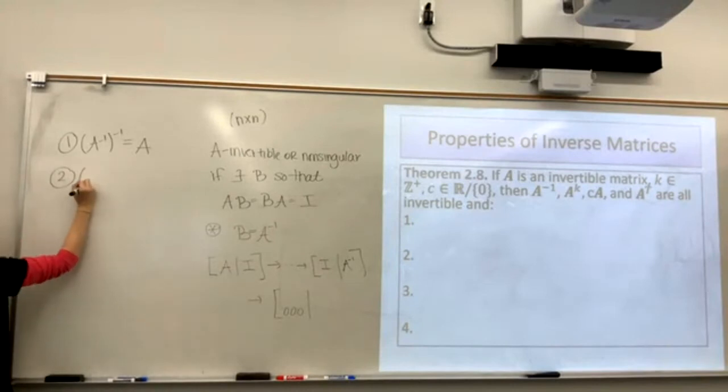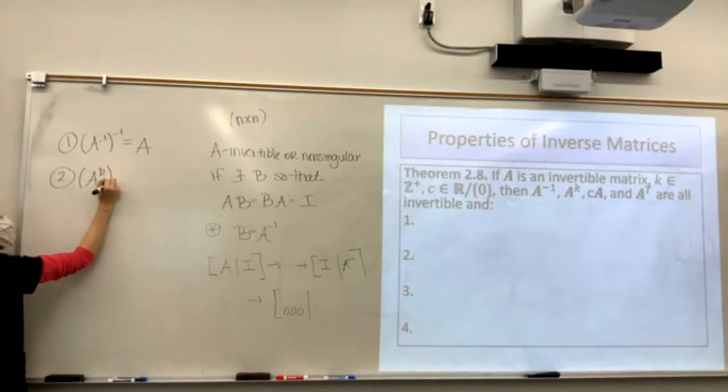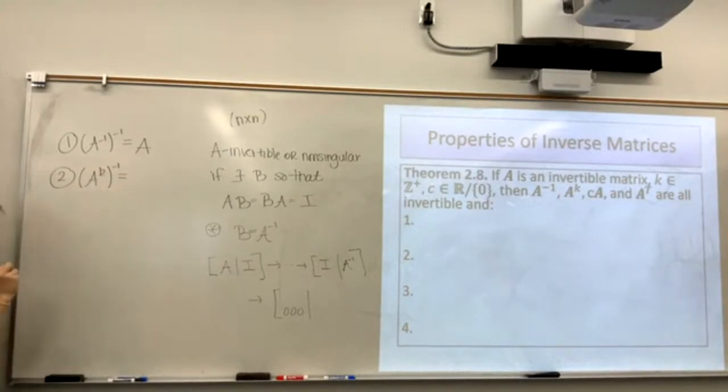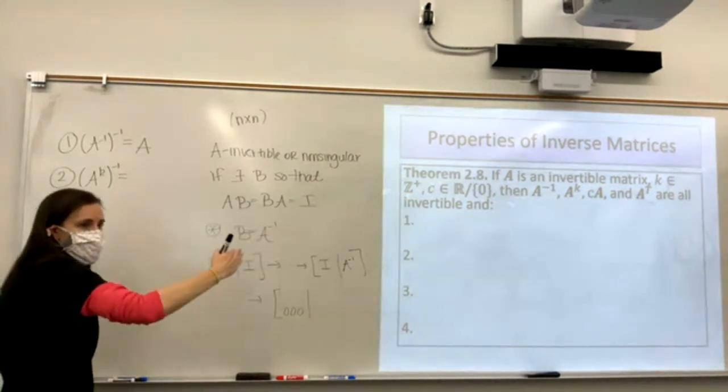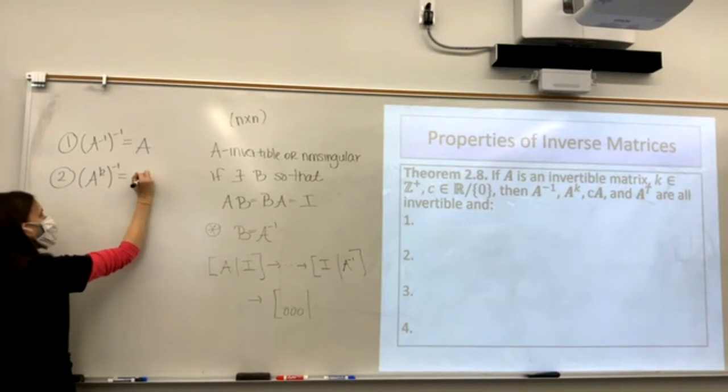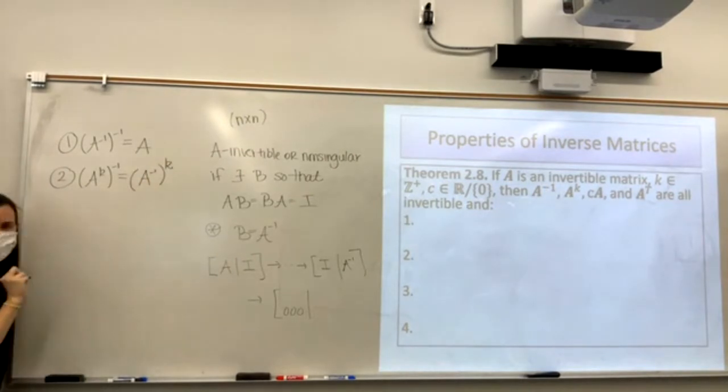Secondly, if I want the inverse of A to the K, so I've got A multiplied by itself K times, I want to undo all of that. What I need to do is take A inverse and multiply A inverse by itself K times.